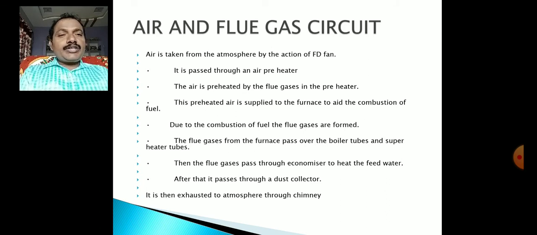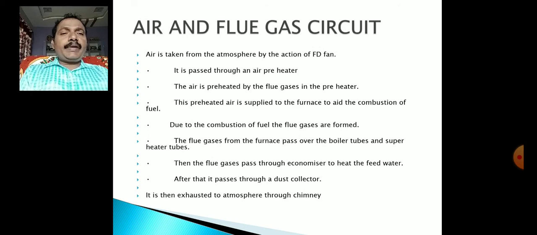Then it is passed through the air preheater. In one of the two diagrams, the preheater is also mentioned. That preheater is used to heat the air pumped by the FD fan.